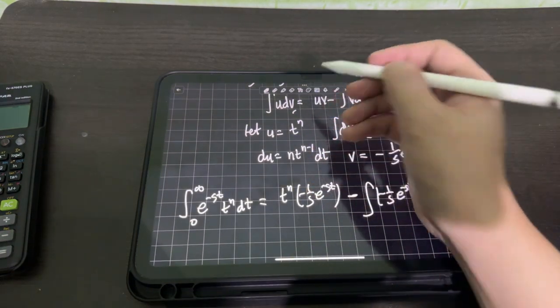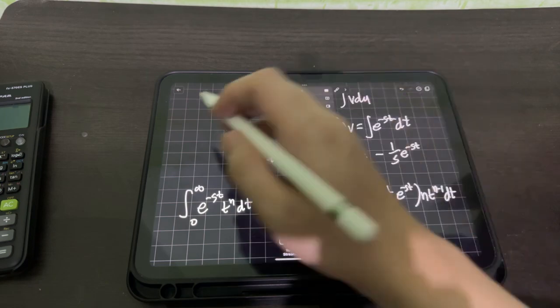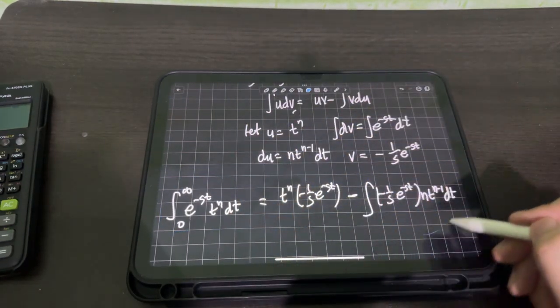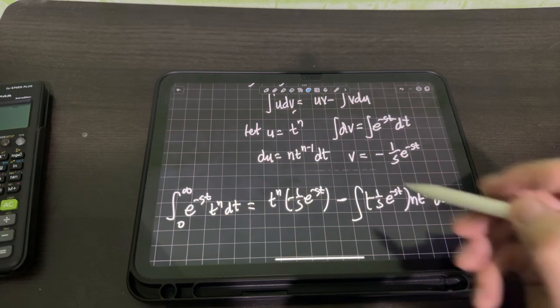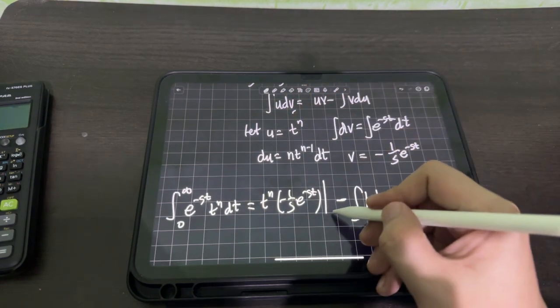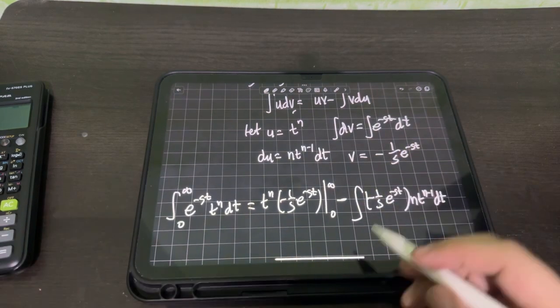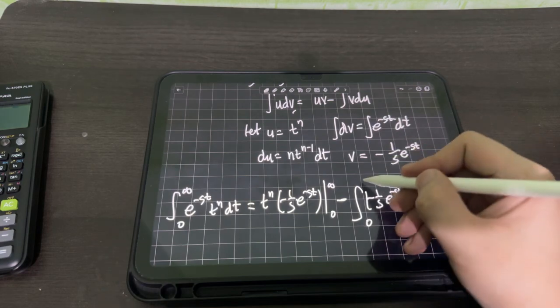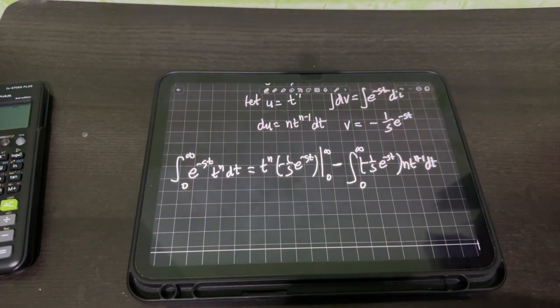Okay? But we must also put limits here since we're evaluating a definite integral, actually an improper integral. So for this term, we must put from 0 to infinity, and also in this integral part, let's put a lower limit of 0 and an upper limit of positive infinity.